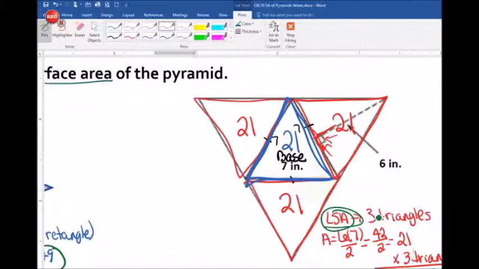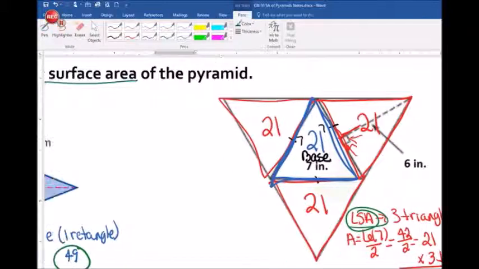Are there any questions about finding the lateral surface area of triangular pyramids, the base of triangular pyramids, or the total surface area of triangular pyramids? Let's take a look at example number 2 for both a triangular pyramid and a rectangular pyramid.